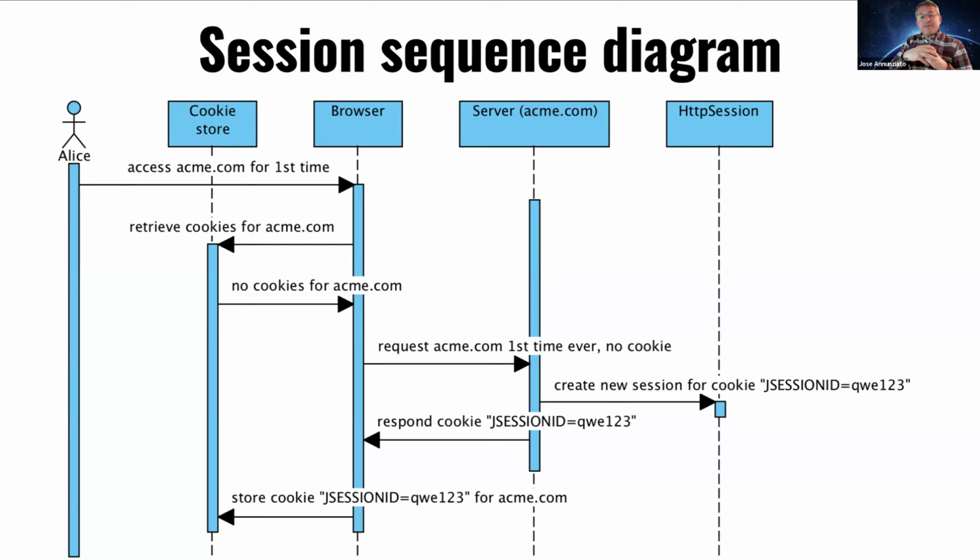Now this session can be provided to the running application, which can use it for storing and retrieving data. That data will be specific to that conversation, from that unique identifier, from that unique user.